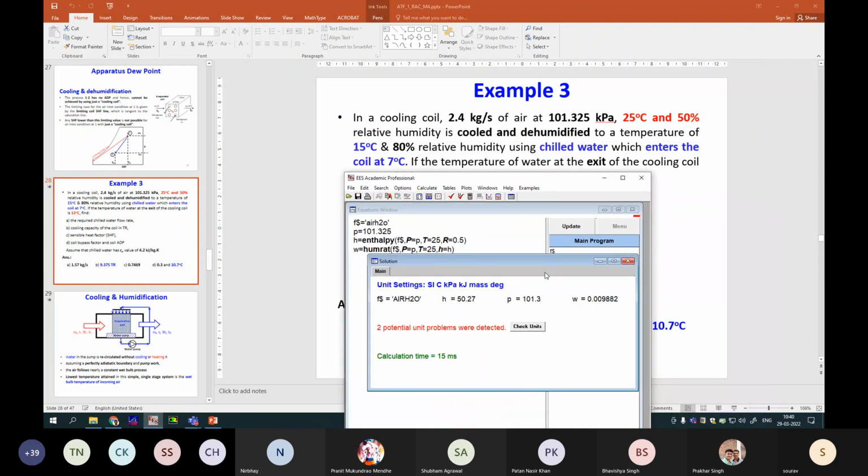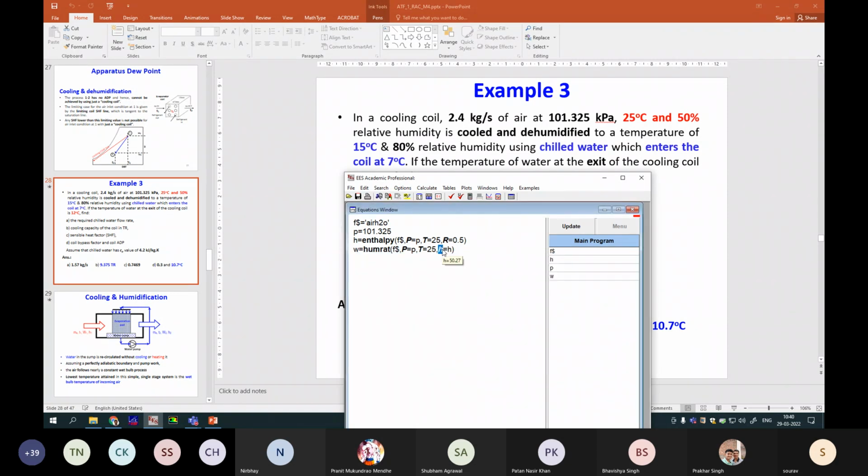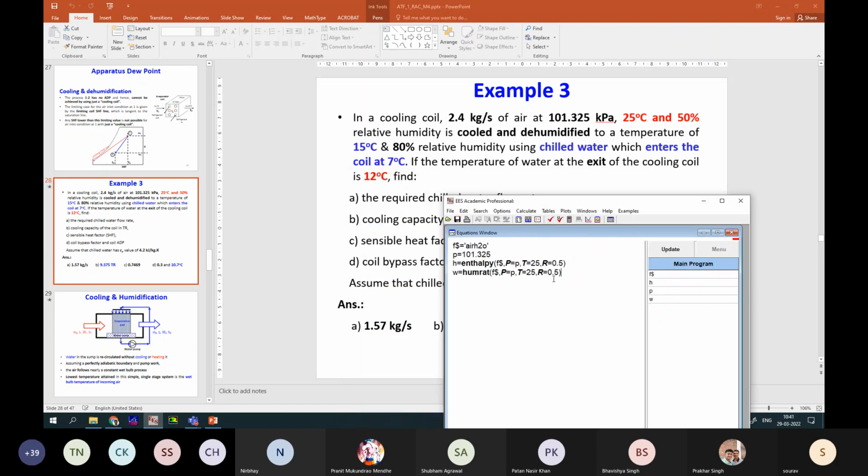So then it will give you the value of omega, that is mass of water vapor per unit mass of dry air, and the units are kg per kg. Your charts may contain units as gram per kg. So this is effectively 9.8 grams per kg of dry air. Or you can also give the R value, which requires two other properties. And the function for calling relative humidity is R-hum.